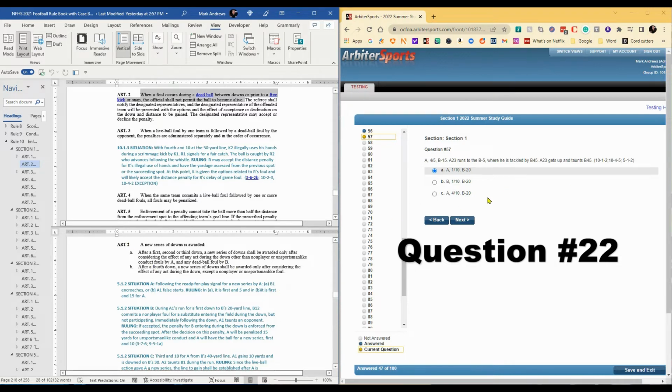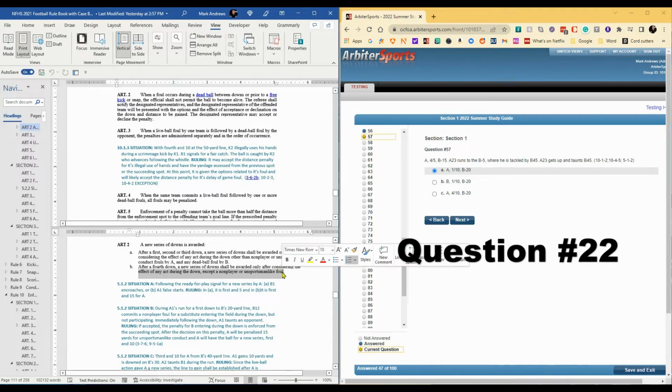But that's what 10-1-2 refers to. After a 4th down, a new series of downs shall be awarded only after considering the fact of any act during the down. They're talking mostly about fouls, except non-player and unsportsmanlike fouls.